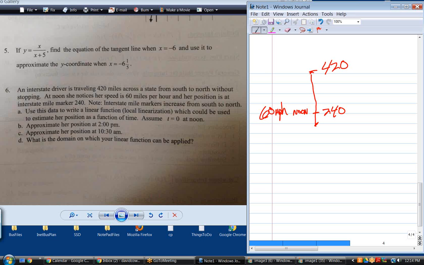Well, this doesn't seem that hard. In fact, it doesn't seem like a calculus problem. What am I missing here? If she's going 60 miles an hour, then, hold on.